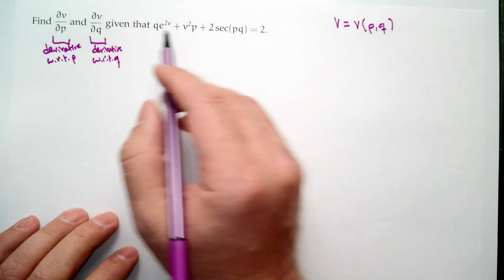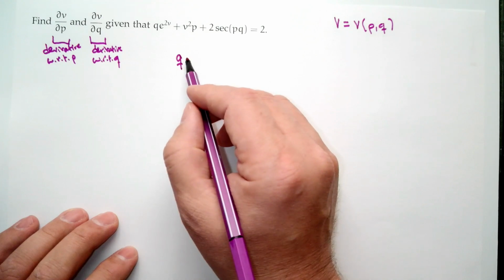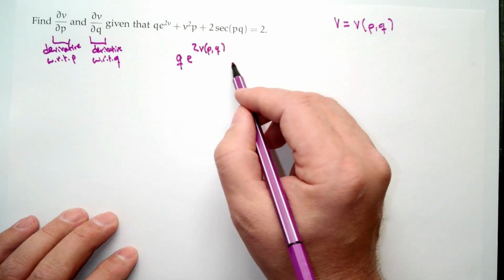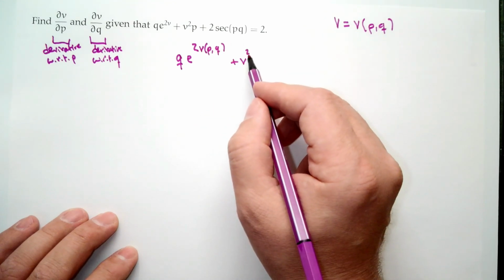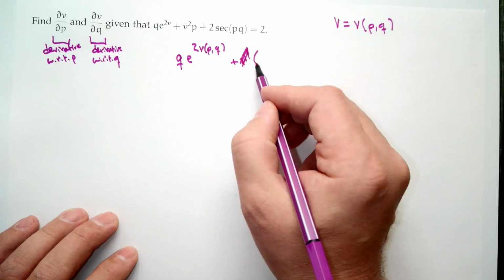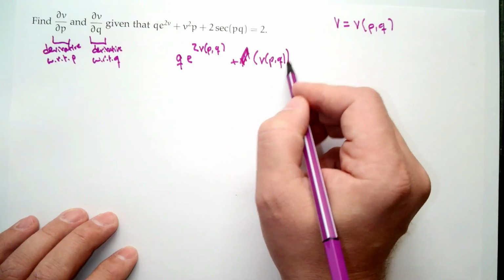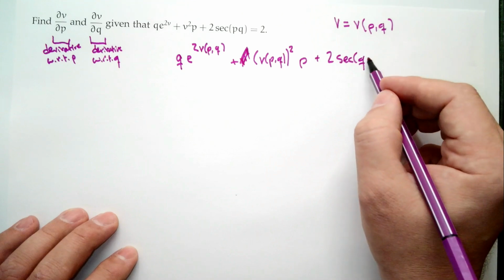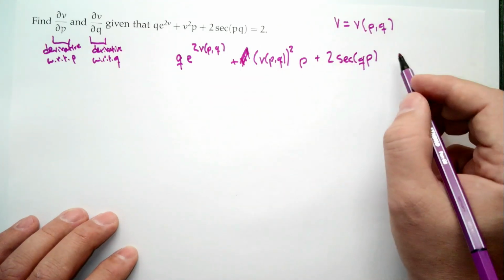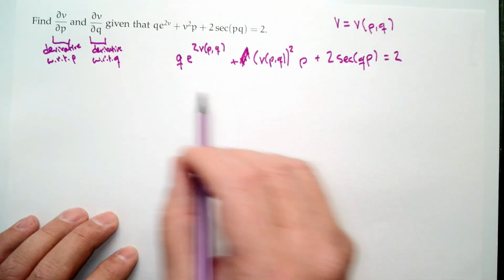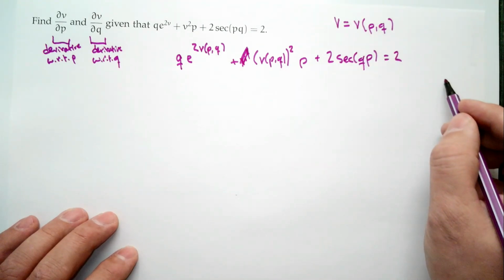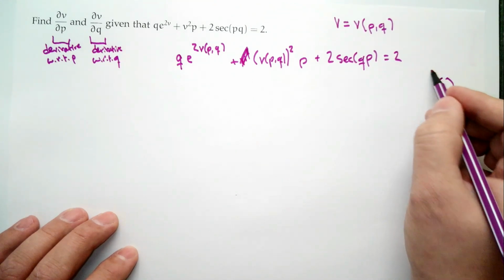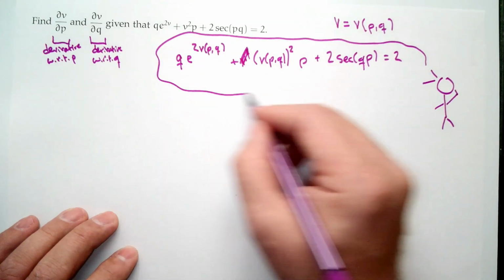Well, when we see this expression, we think of it as q e to the 2v, which is a function of p and q, plus v of pq squared times p plus 2 secant of q times p equals 2. We don't write this all out, but when we're doing our math problem, that's what we're thinking about. That's in our mind.